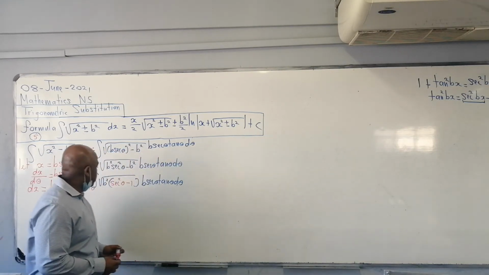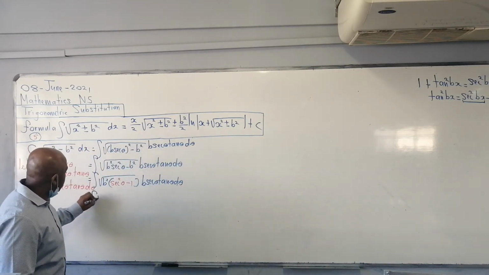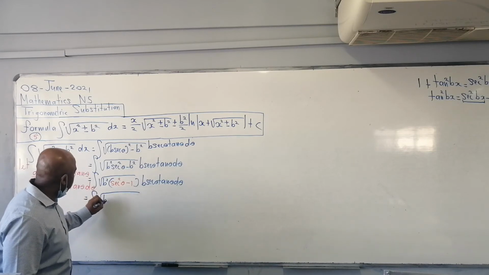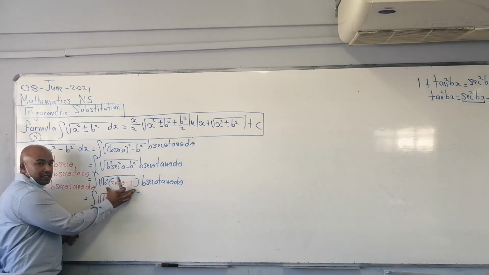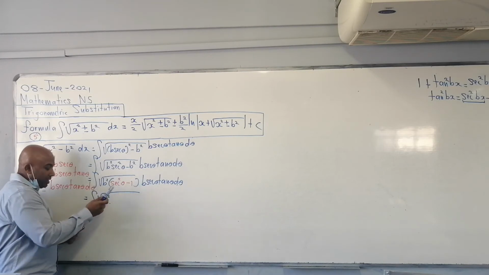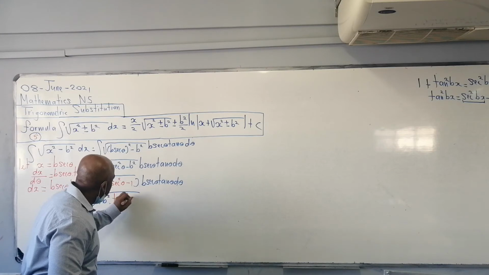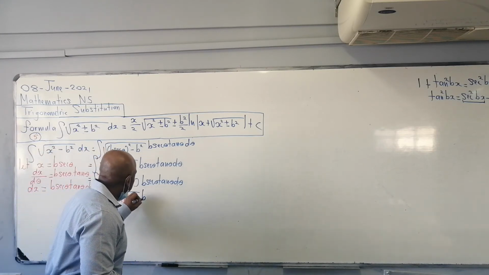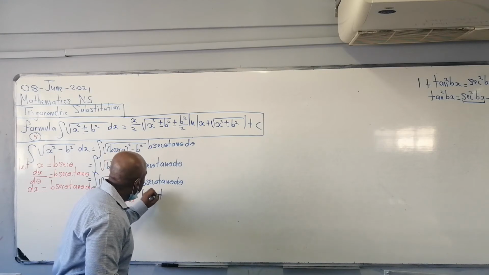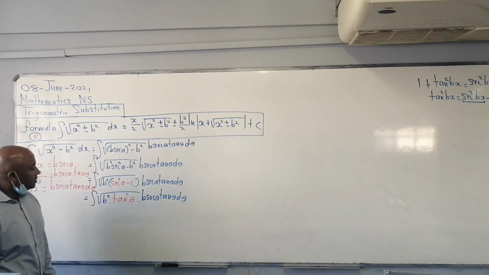So now I got the square root of b squared times, now this is within brackets, sec squared minus 1 is equal to tan squared. And here I have b sec theta tan theta d theta.